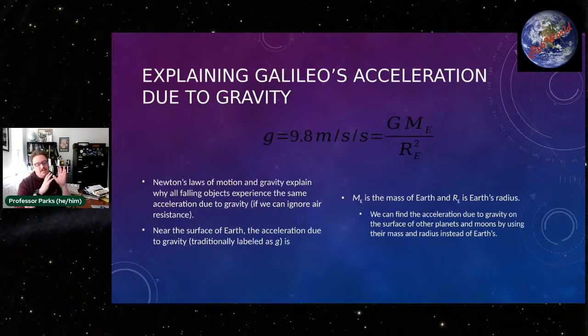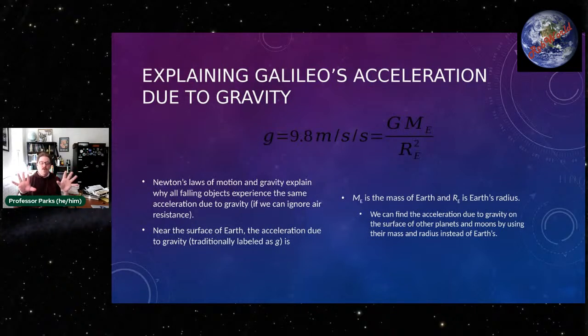We know that Newton put forward that gravity should behave as a constant G times the mass of one object, the mass of the second object, divided by the distance between them squared. So in this case, the mass of one object is the mass of the apple, and the mass of the second object is the mass of the Earth.